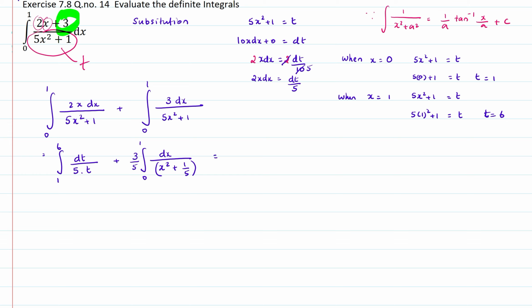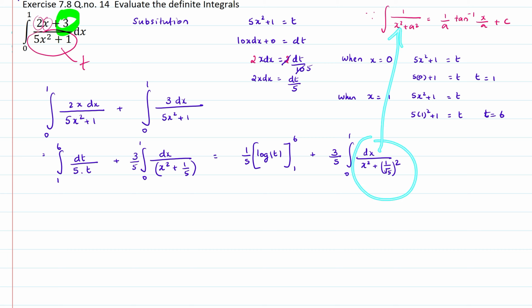So this will be equal to 1 by 5 into log of modulus t from lower limit 1 to upper limit 6, plus 3 by 5 into integral 0 to 1 dx by x square plus (1 by root 5) the whole square. Now this is actually that form.